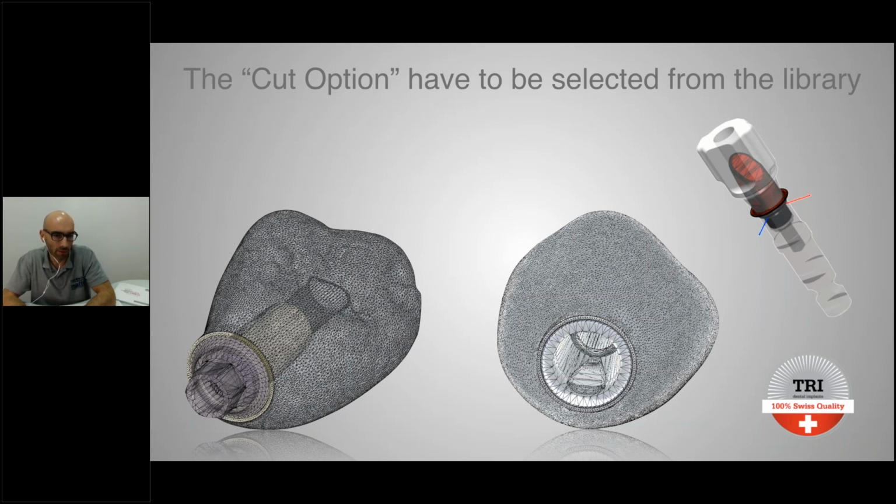Even with the shorter one, if you follow the right protocol for bonding the T-base, you don't have any kind of problem. We'll have very good bonding between the crown and the titanium base. As you can see in this picture, this is coming from the CAD. You can see that the internal part of the crown is very precise. The design is so precise because it's coming from a very good library.